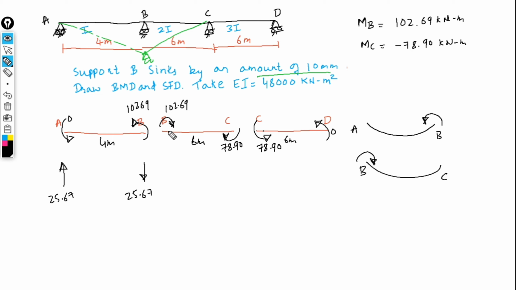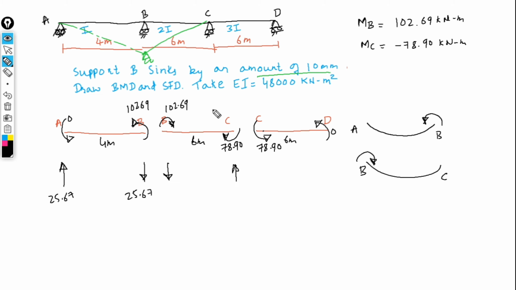In the case of BC, we don't have to see the difference of moment, because the bending moment at B is clockwise and the bending moment at C is also clockwise. So in this case we have to see the addition of moment divided by span to find the reaction. So both are clockwise, the reaction will be anti-clockwise.